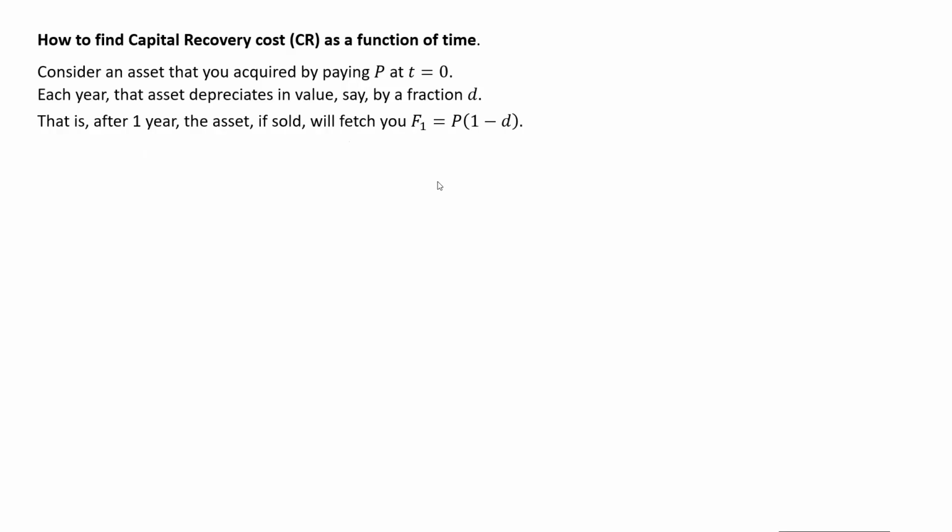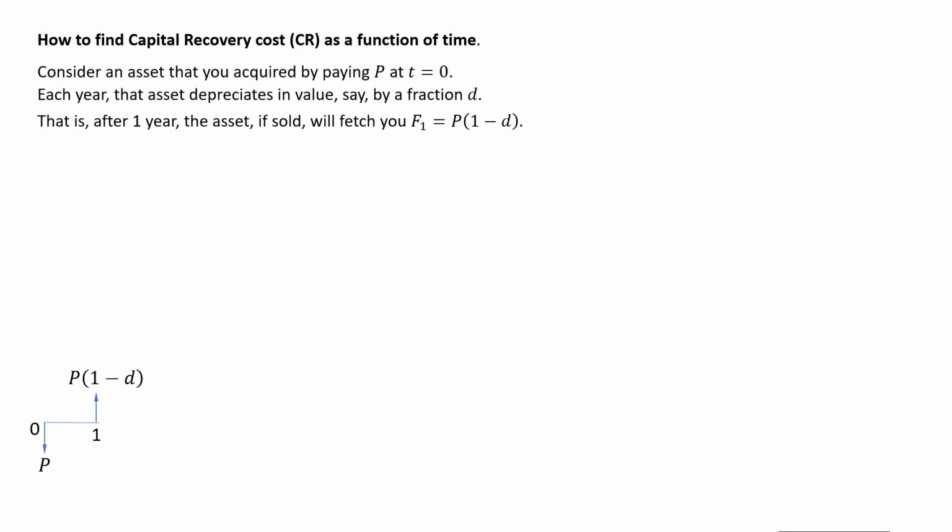Cool. All right. Now, what about this diagram? This cash flow diagram explains precisely what the situation is. You have a P here and you have a future value of P times 1 minus D, right?